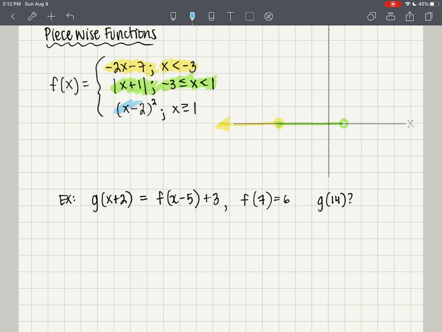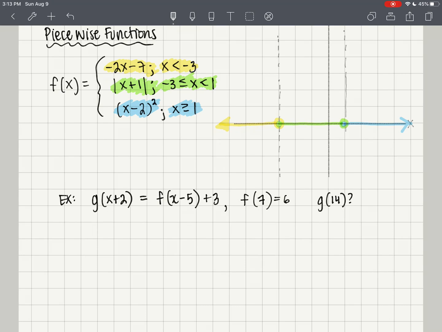And then the third function, I can count 1, 2, 3, the third function is going to be a quadratic function when x is greater than or equal to 1. So you can see that we have a yellow section, a green section, and a blue section. So this yellow section, and I'm going to end up erasing this, but this yellow section right here is going to be a linear function.